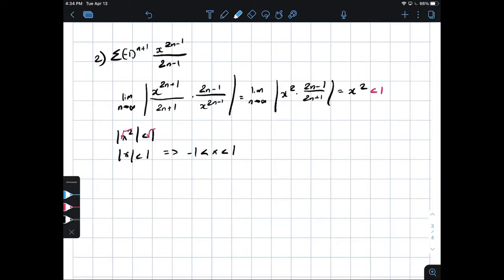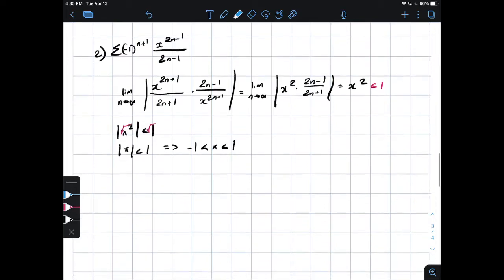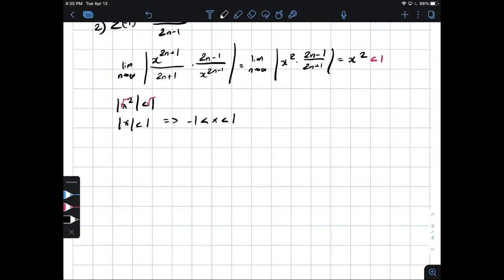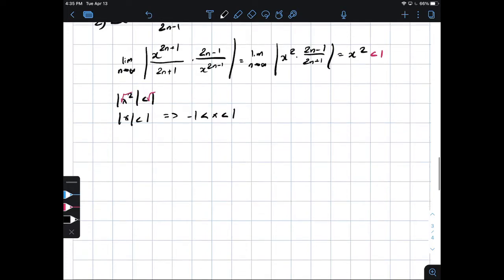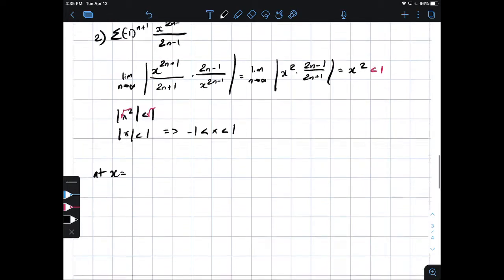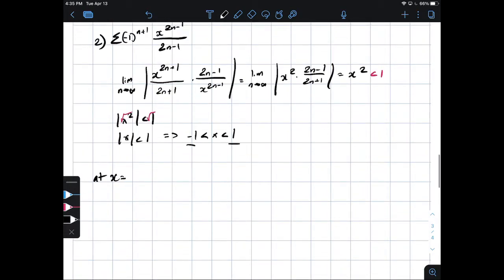And that is our answer. Oh, God, that's not our answer. What we have to do is check our endpoints. And that's something that can be overlooked because you kind of want to get the problem done with, but it's extremely important. So our endpoints are -1 and 1.